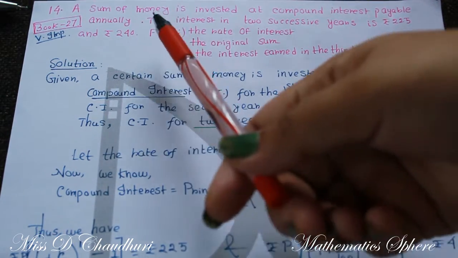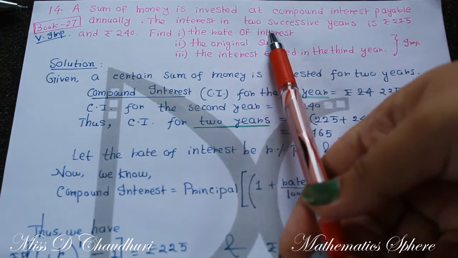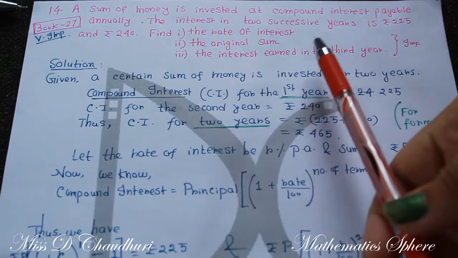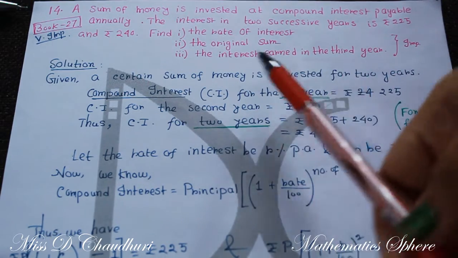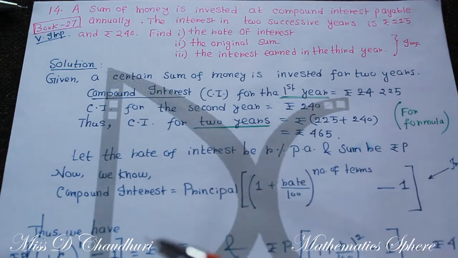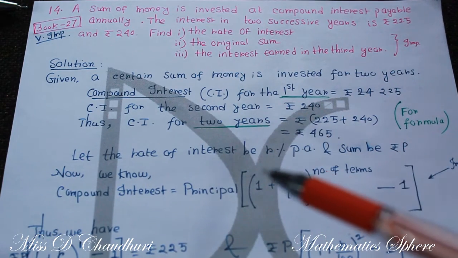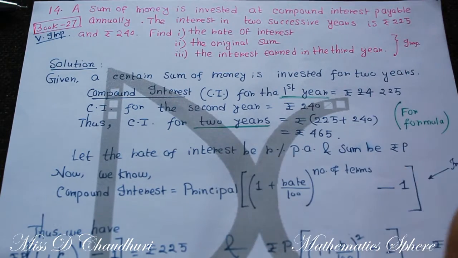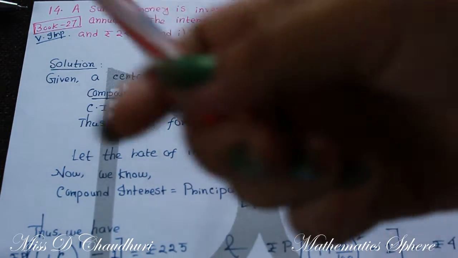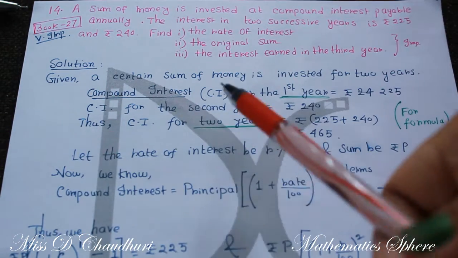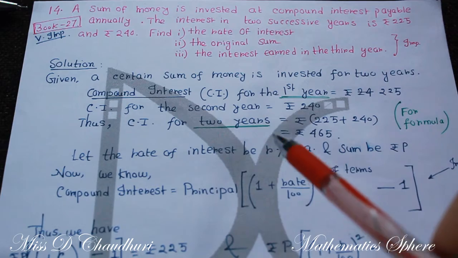Now first we will have to find the rate, then we will have to find the original sum, then we will have to find the interest earned in the third year. This third part is very easy. After you get the rate and original sum, finding the interest for the third year is nothing. The main thing is that here also you see the rate is missing, the original sum is missing. This is that type of question, which I already said we did in the first question of this lecture.